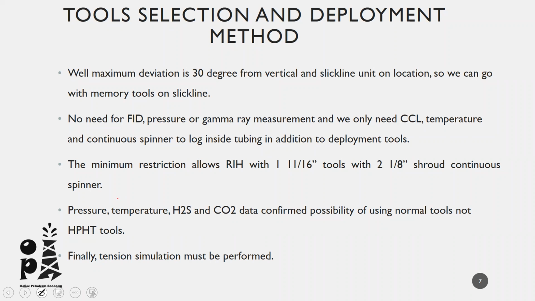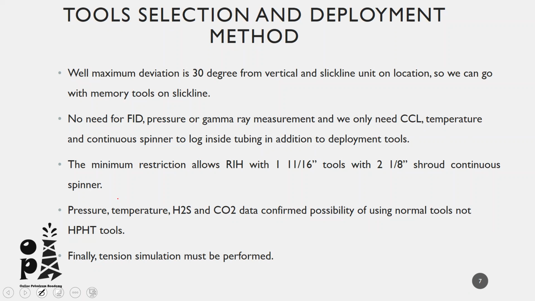Slickline limitations are that you are logging on a memory mode, so you can't know what is the condition of your well while logging. So if this isn't an issue for you, you can go with slickline and log on a memory mode, no problem, because our objective is detecting only the leak.